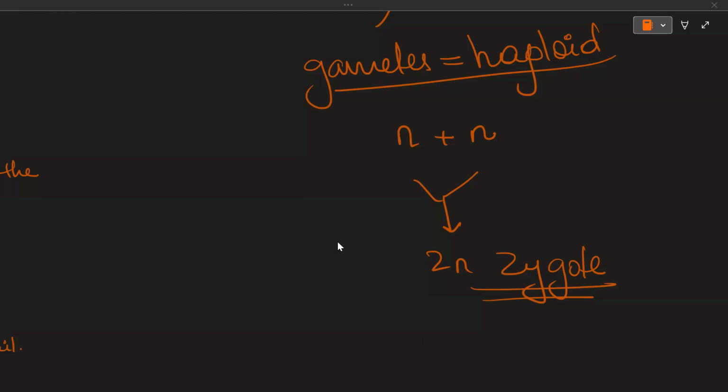But when the conditions are unfavorable, meaning there is less food, less space, then they form a structure in which several spores are present. So multiple fission only happens during unfavorable conditions. Okay.